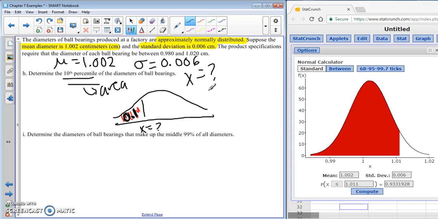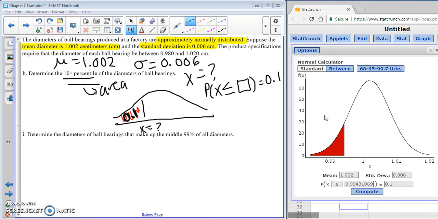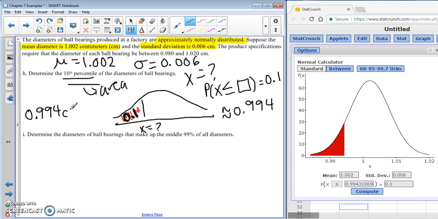So the probability that x is less than or equal to some value equals 0.1. And then we have our mean and our standard deviation. We don't know this value, but we know that our area should be 0.1. So compute. We get approximately 0.994. So our 10th percentile here is 0.994 centimeters.